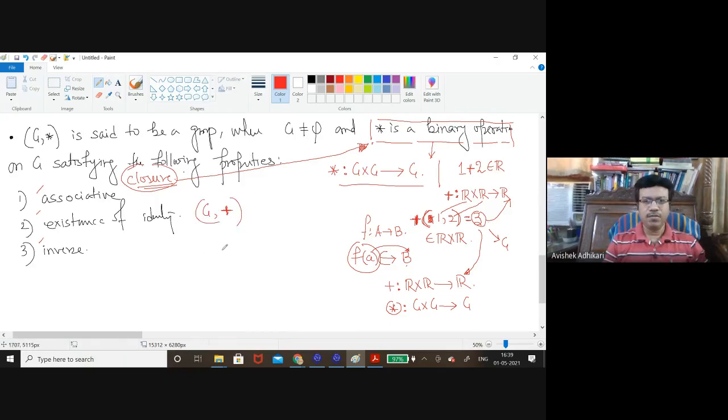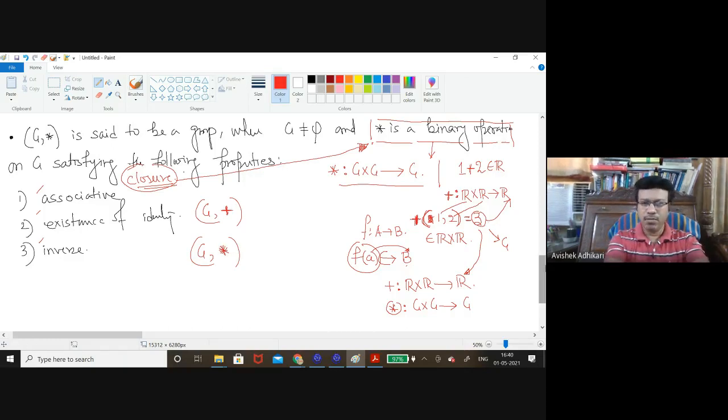For example, say my operation is star. If we take G and star together, then we are quite safe, because all these properties are satisfied. So all these properties give you a lot of freedom to work with the elements of G using this operation star. That's why we usually take a group.